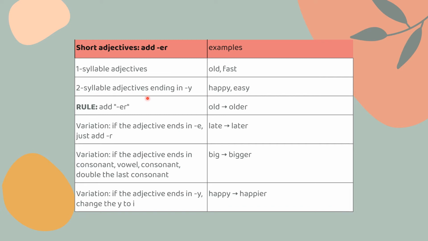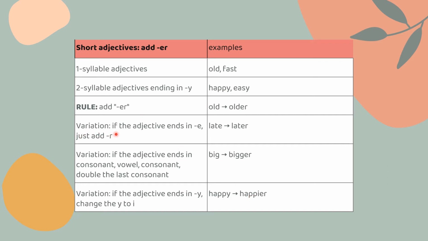Two-syllable adjectives ending in y, you can see happy and easy. And the rule is add er. Old becomes older, and happy becomes happier.